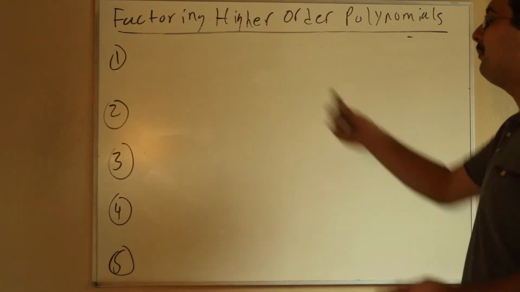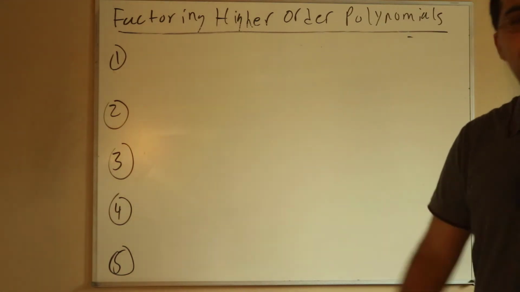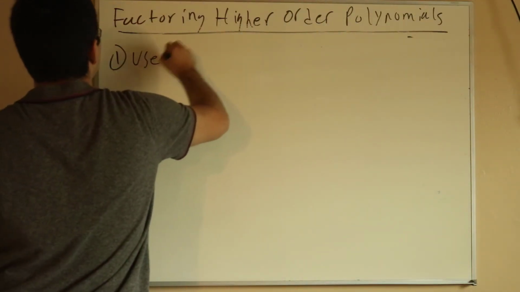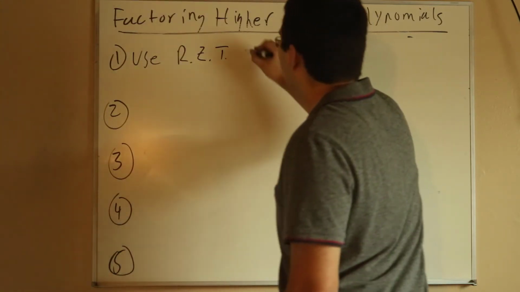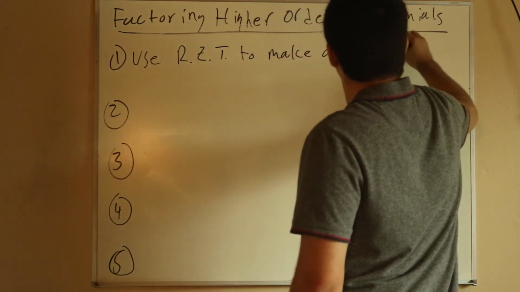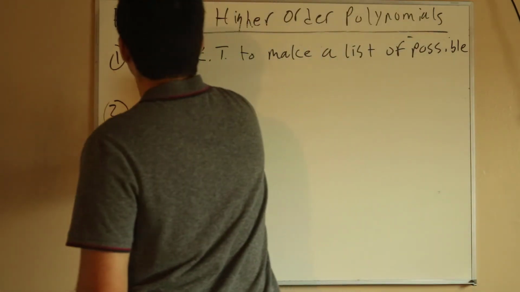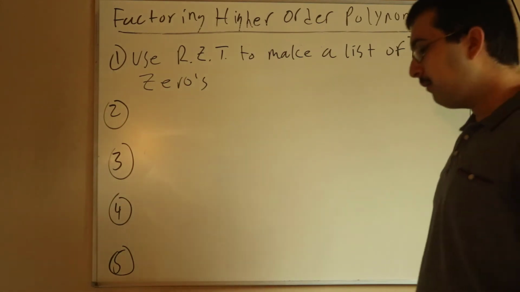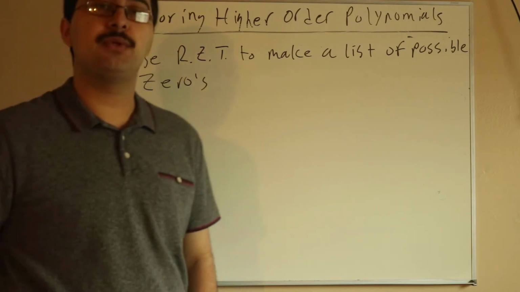So what is it? Well, moving forward, if we ever want to factor a higher order polynomial, the first thing we're going to do is use the rational zeros test to make that list of possible zeros. Beautiful, all right? And then what's our second step going to be? Well, you have the list of possible zeros, we still need to figure out what is an actual zero, right?